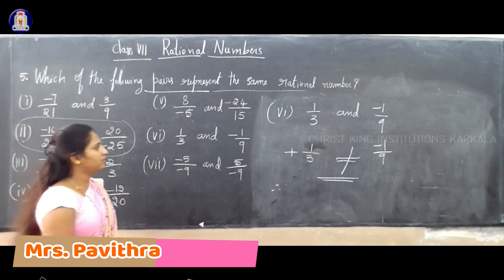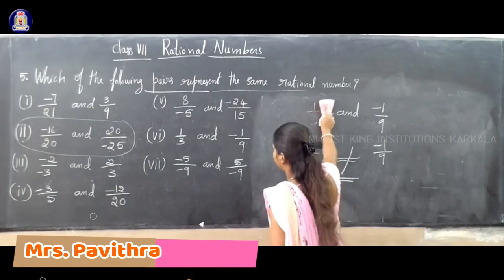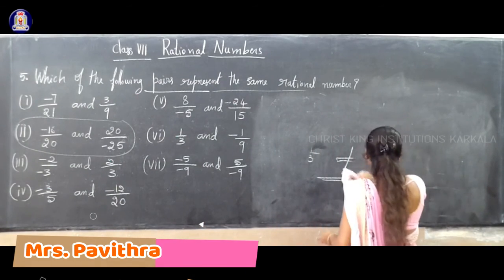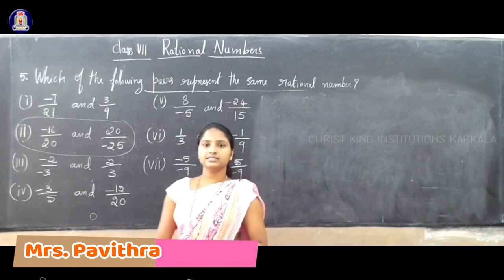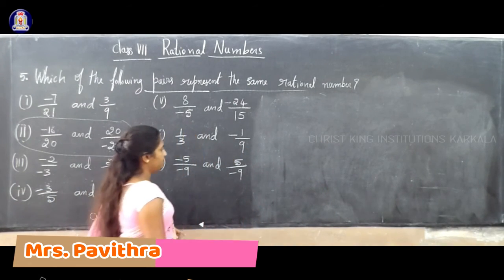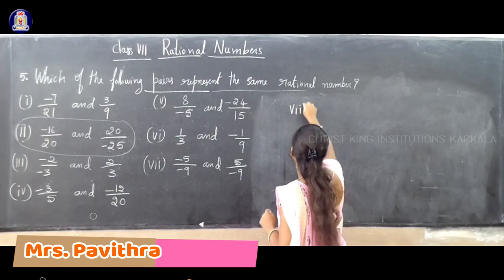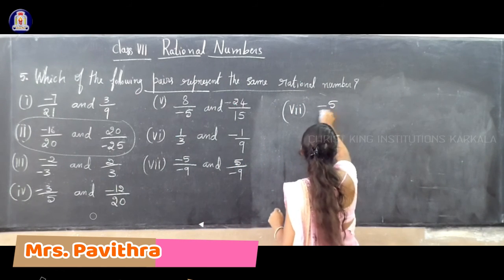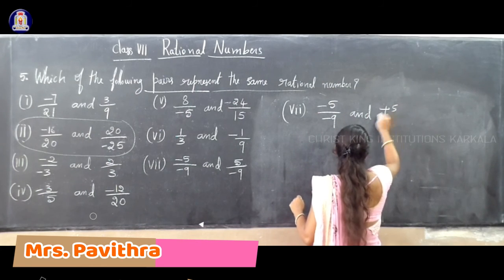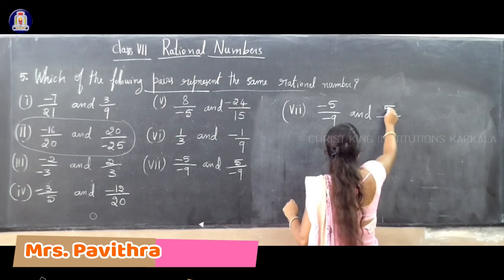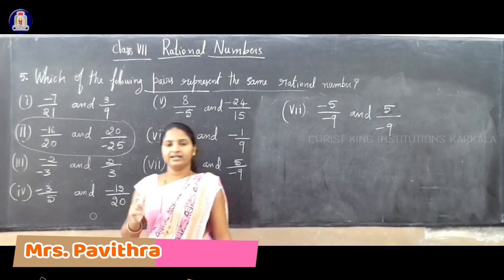Okay, now the last one, the seventh question: minus 5 by minus 9 and plus 5 by minus 9. Simplify. Can you divide 9 and 5?